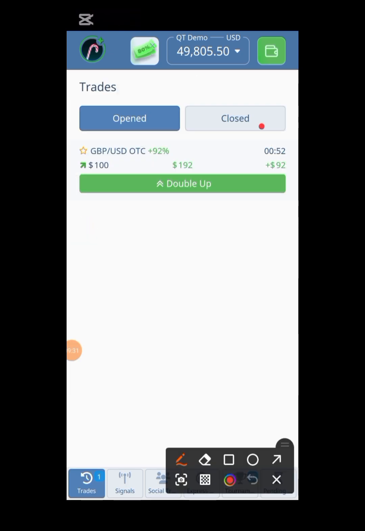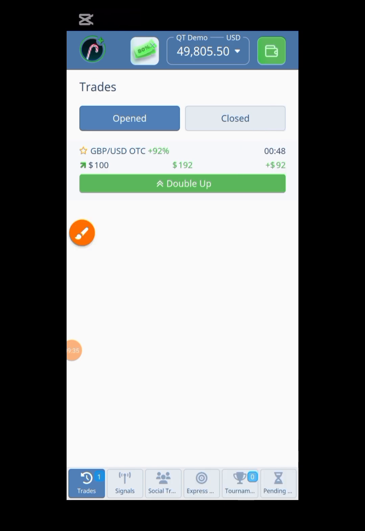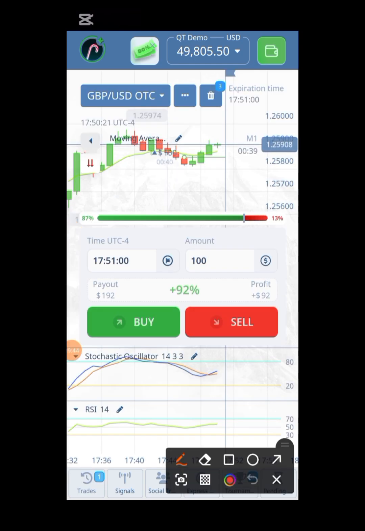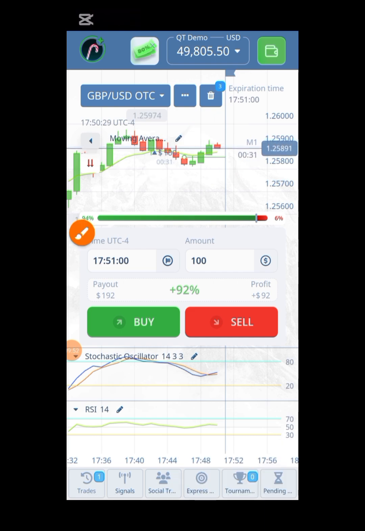So we have 56 seconds to go. 59, 48, 47. Yes, we are going. Let's see. Are we going to be losing? Oh, it looks like we are going to be making profit. It looks like, but anything can change. That's forex. That is trading. It depends on the volatility.